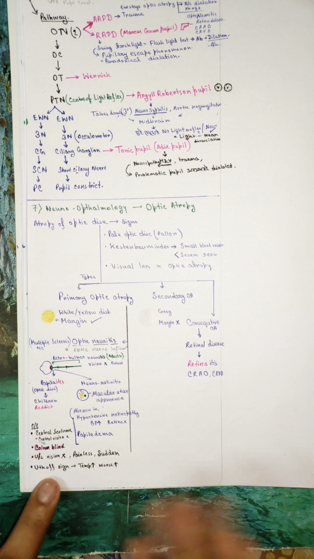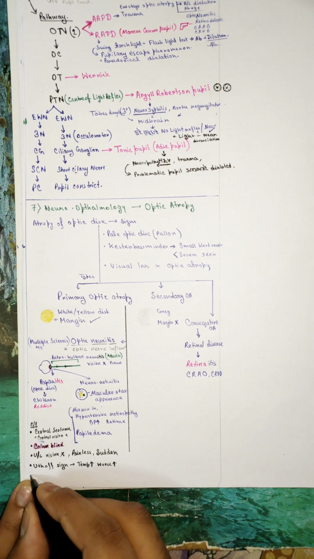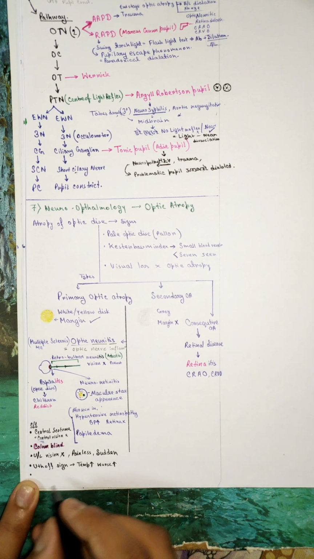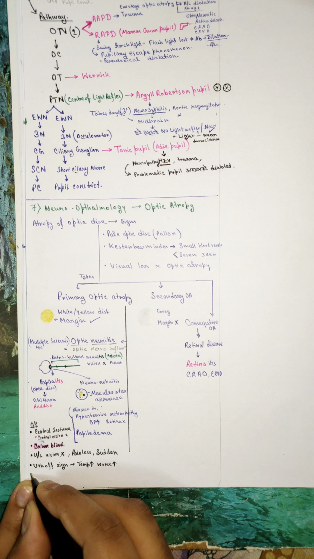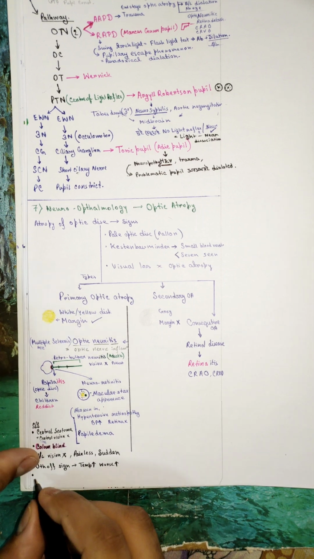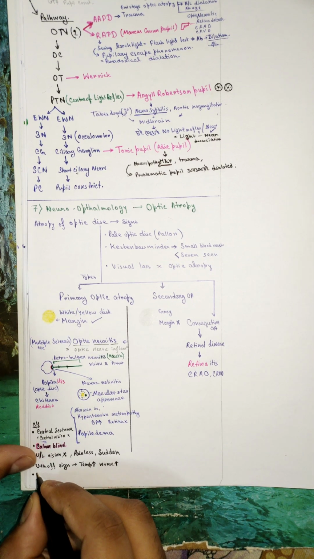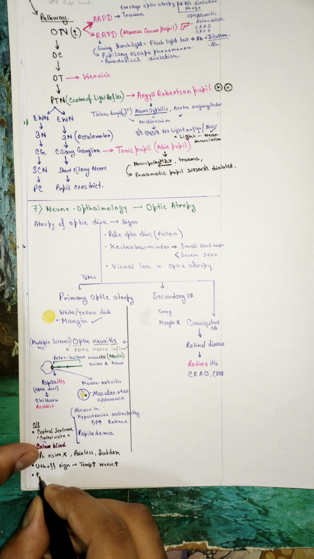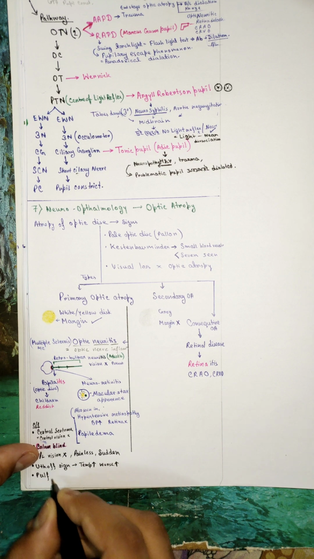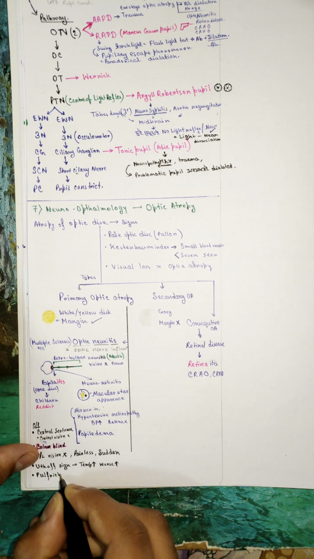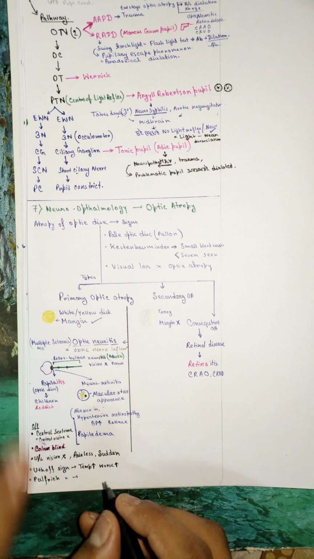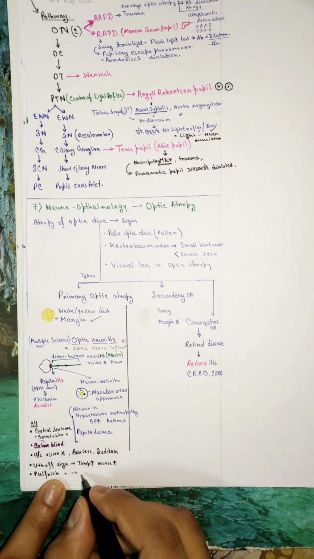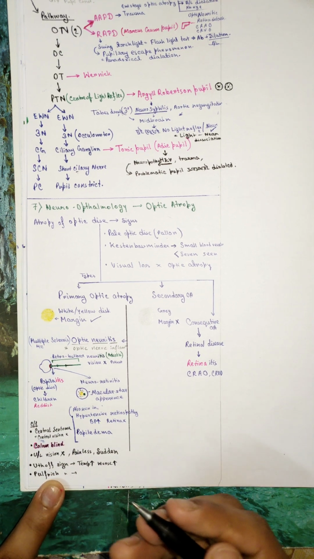Okay, next is which sign, that means cannot trace a kinetic object.